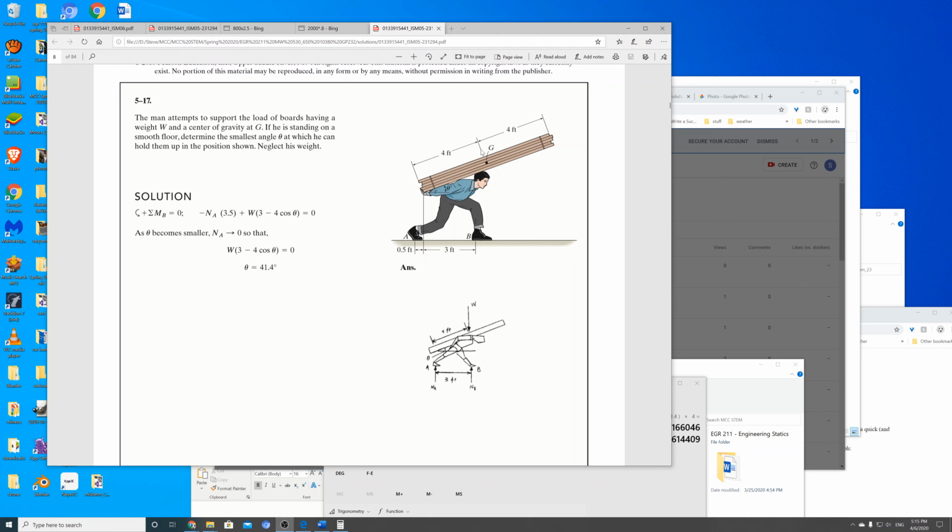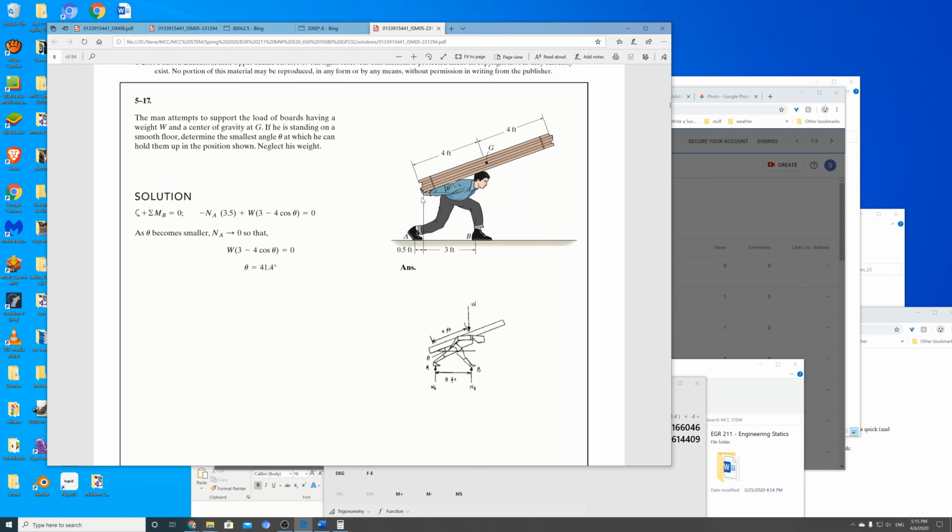Now, as you're going down further and further, so the angle is decreasing further and further, what you're finding is G is going off to the right more and more. So how far? Well, this term is actually the x distance of G from this point.